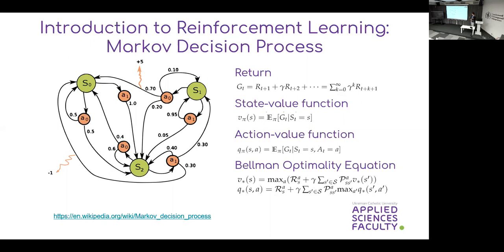And we have the Bellman optimality equation that is basically a foundation for all reinforcement learning. The main idea here is that to get the optimal value or Q function, we need to choose the actions that lead us to the best value at the next state.